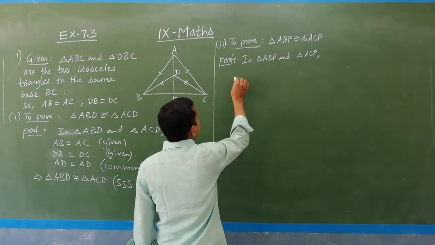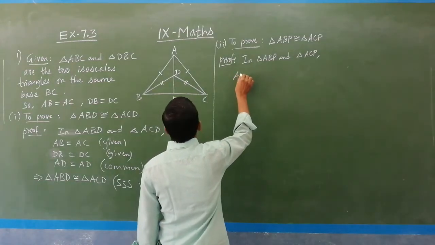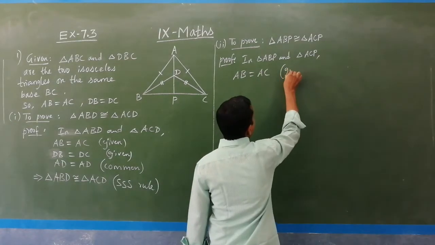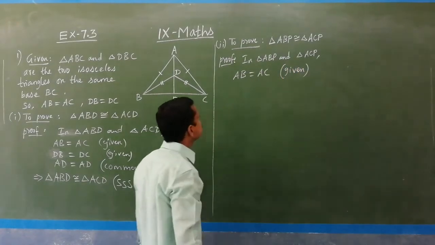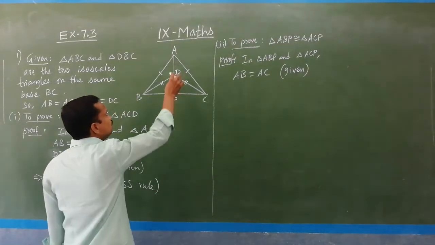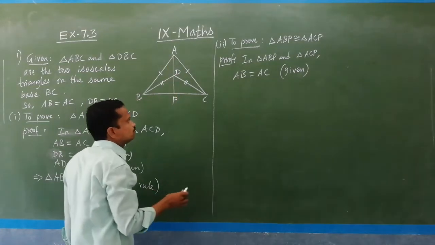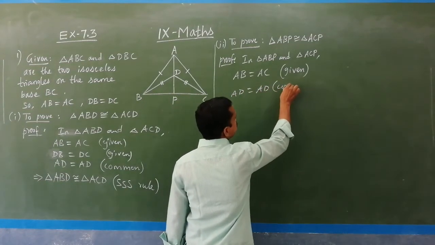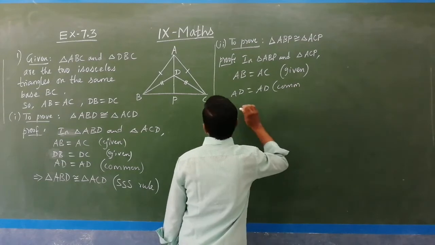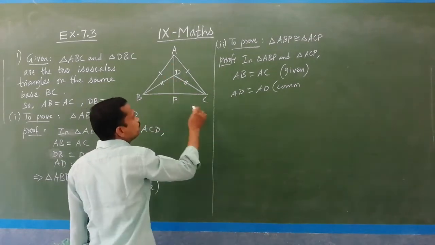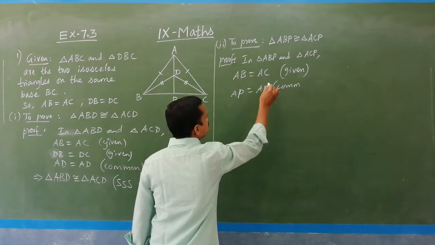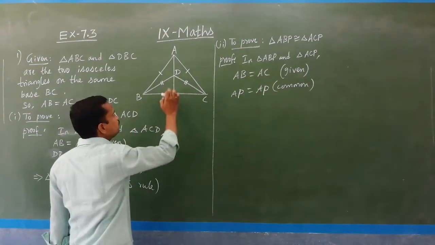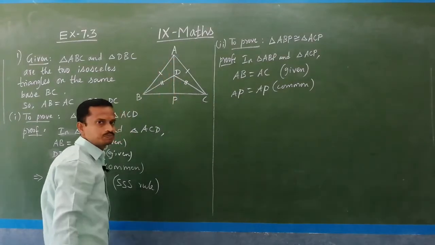So AB equal to AC, this is given. Then AP is the common side in both triangles ABP and ACP.